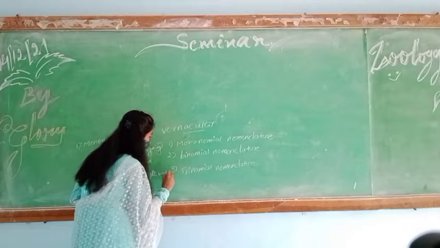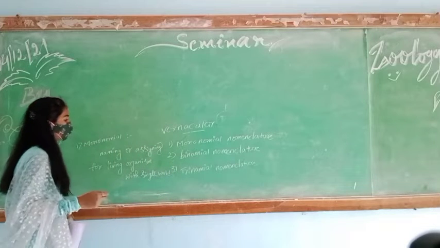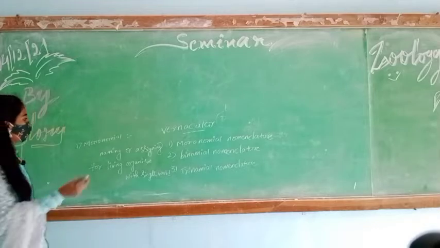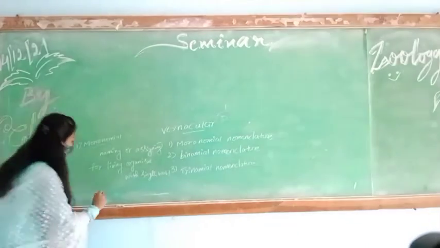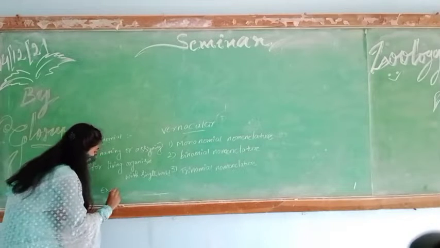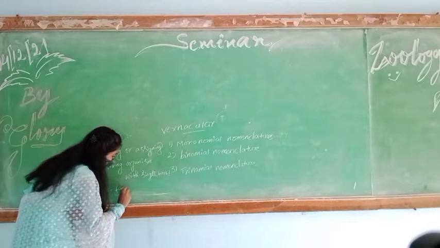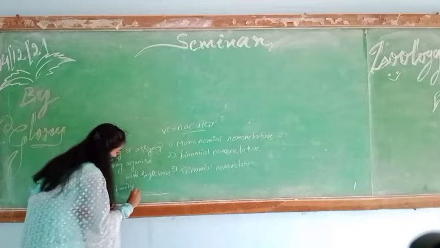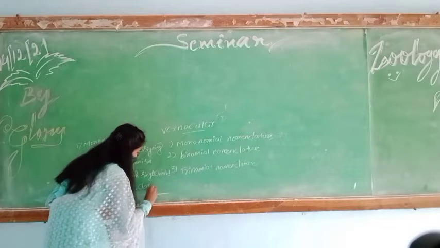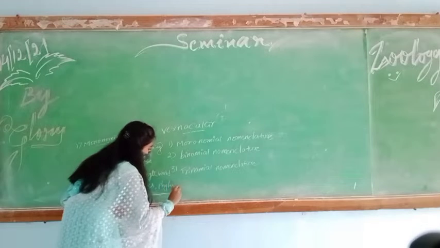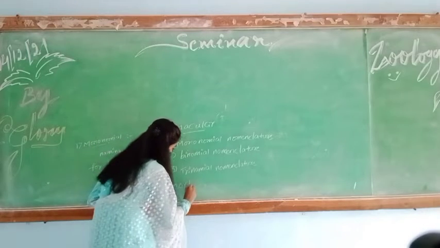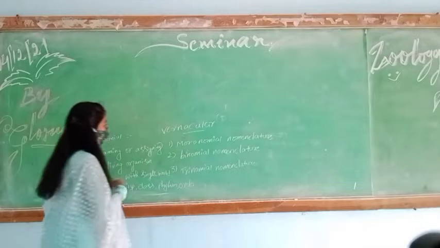This is called mononomial nomenclature. For example, for the writing of taxa, this mononomial nomenclature system has been used. For example, family, class, phylum, order. So this is about mononomial nomenclature.